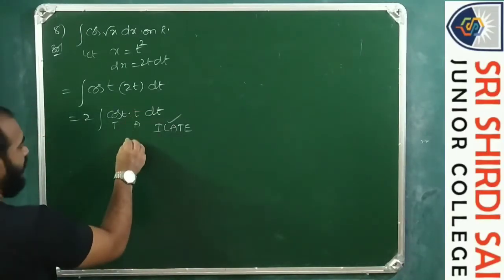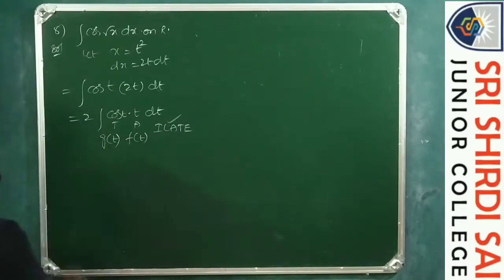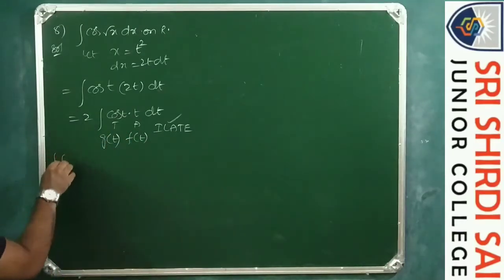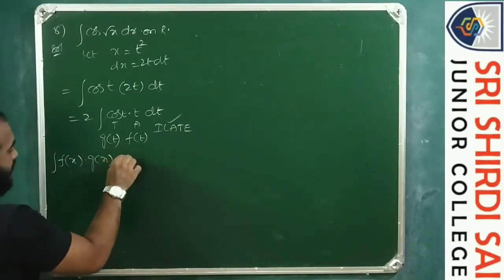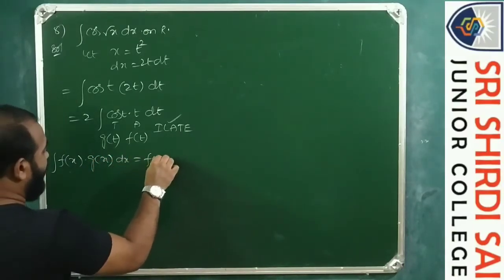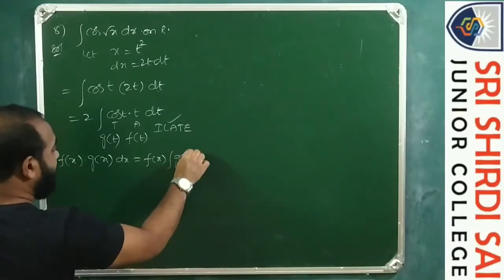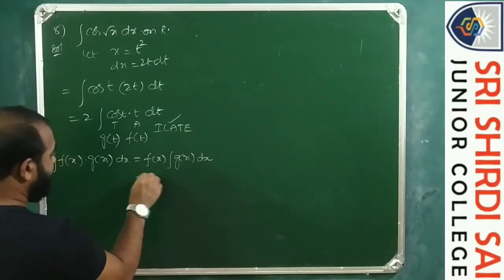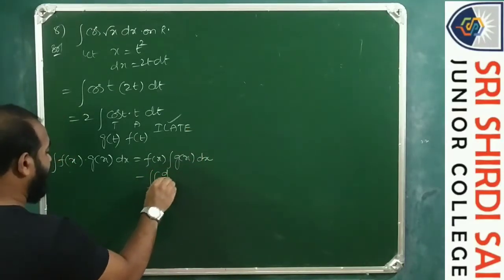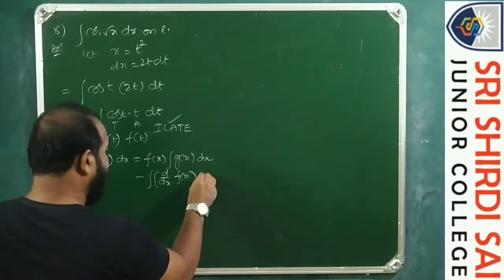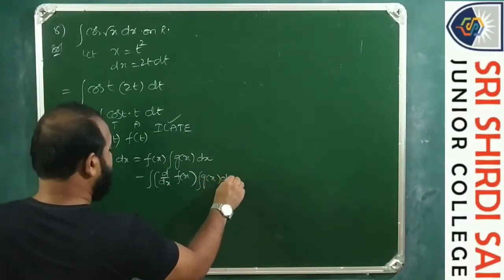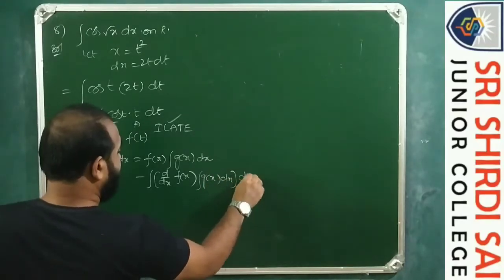Therefore, this is f of t and this is g of t. So integral f of x into g of x dx is equals to f of x into integral g of x dx minus integral of d by dx of f of x into integral g of x dx whole dx.